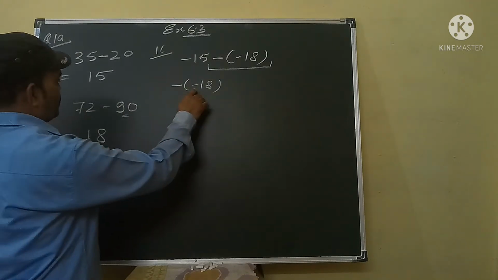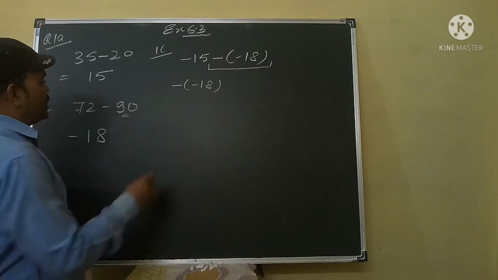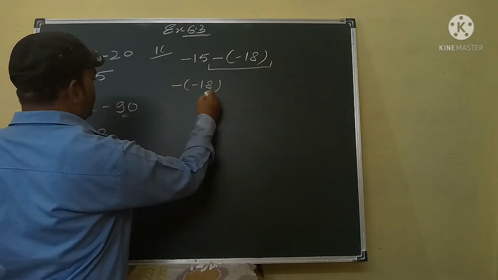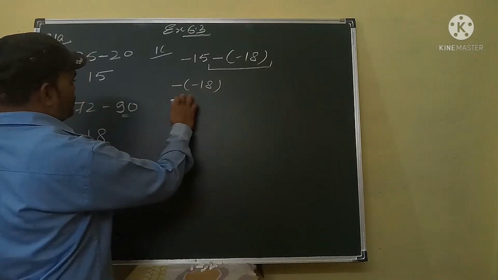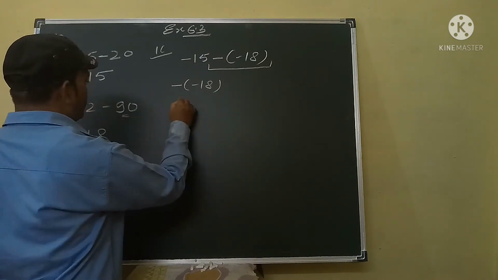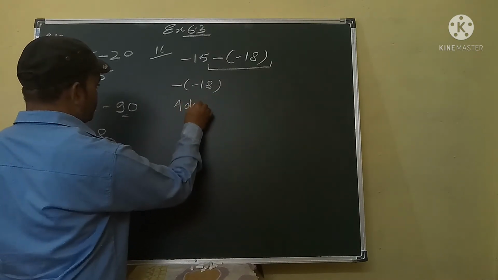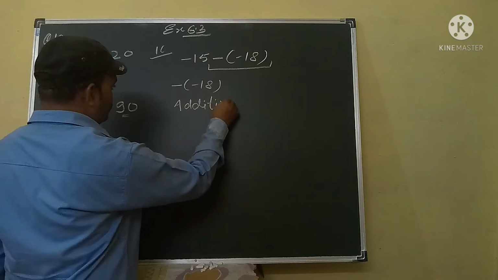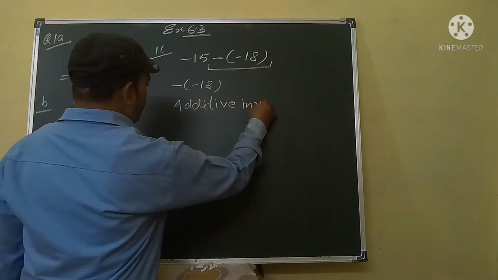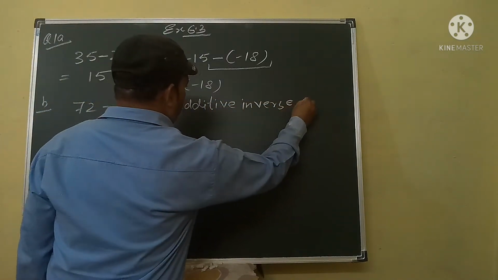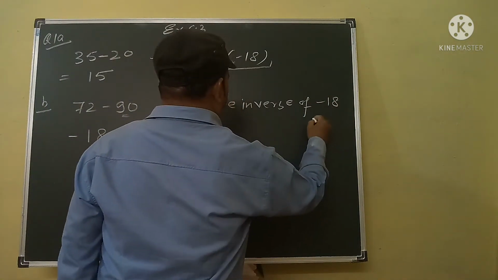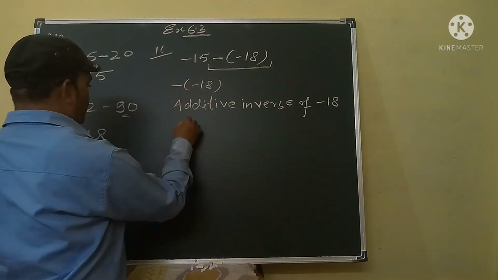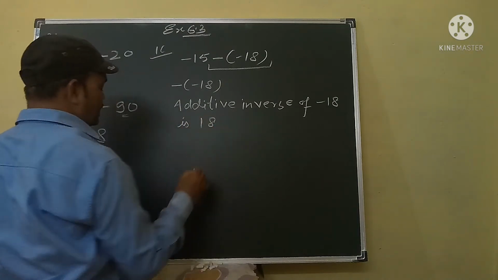That means this is the additive inverse of minus 18. The meaning of this symbol is additive inverse of minus 18. The additive inverse of minus 18 is 18.